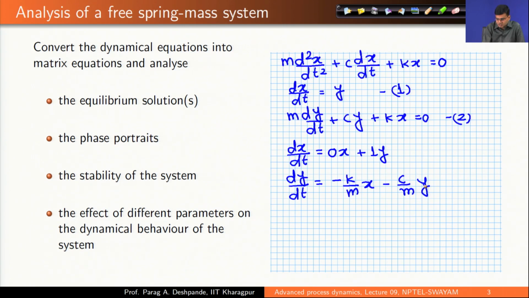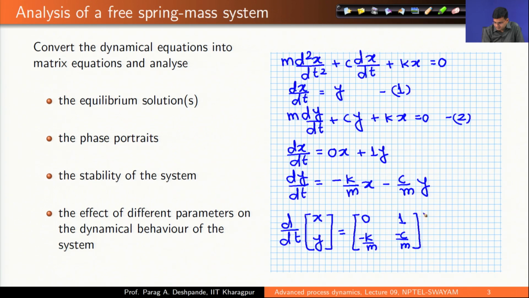which will put me in a position to convert this set of equations to a single matrix equation, which is d by dt of (x, y) is equal to the matrix 0, 1, minus k by m, minus c by m times (x, y). Okay.